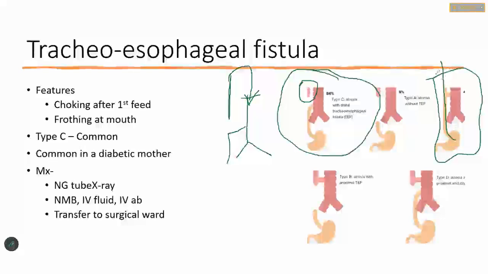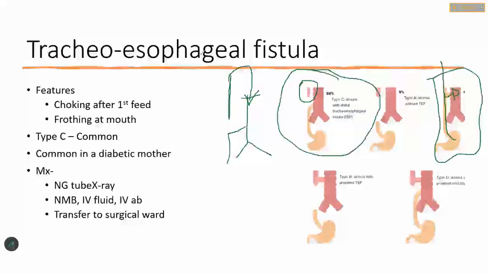But later, when some feed goes into the trachea, the problem starts. So it may take some time in life. That is a chance. So we have to know that usually it presents soon after the birth, but sometimes it may present in later life, and it may be missed until that period.